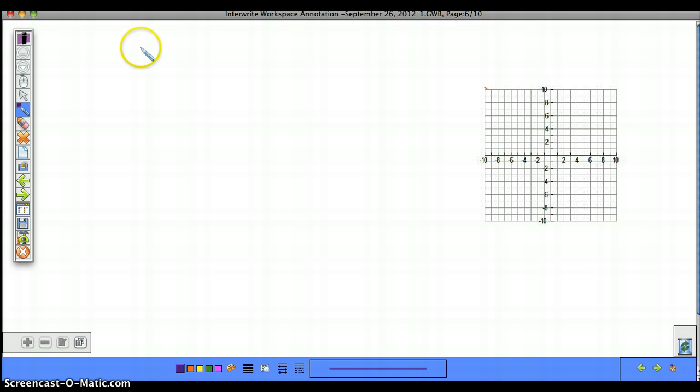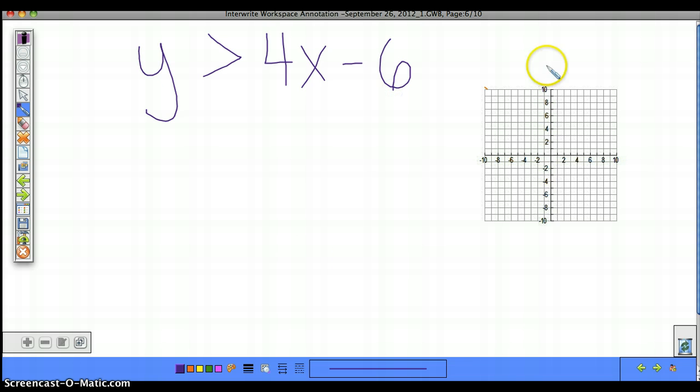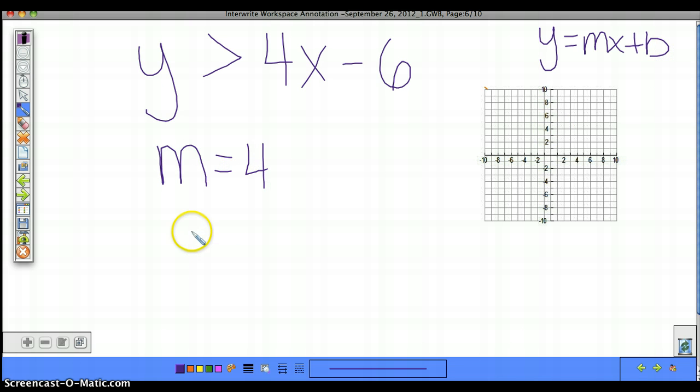I'm going to graph the line y is greater than, let's say, 4x minus 6. So using slope-intercept form, which we should be used to by now, my slope here is 4 and my y-intercept is -6. So I'm going to go down to -6. Here I'm rising 4 and I'm running 1.